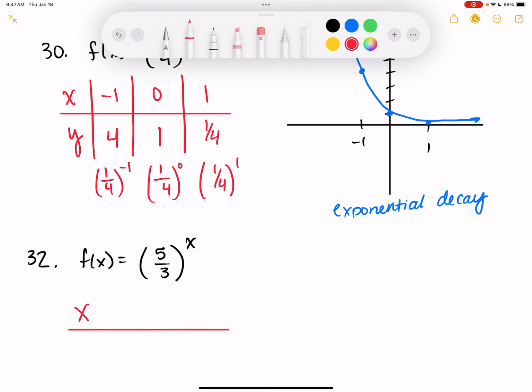So, got my table. And I'll tell you, you don't have to use -1, 0, and 1, but it's my personal preference because it makes life way easier.